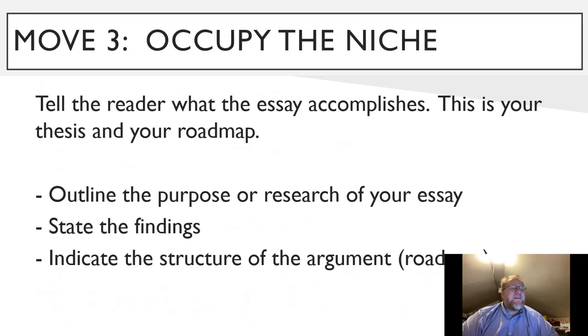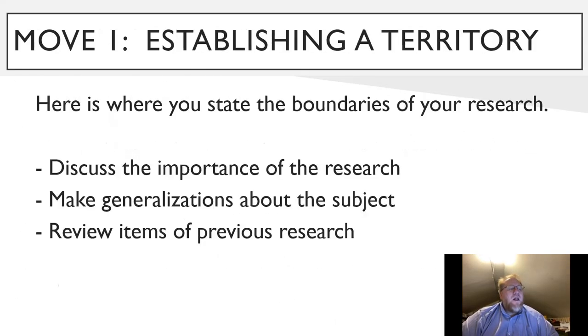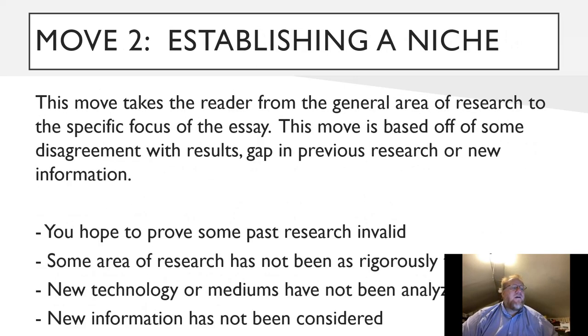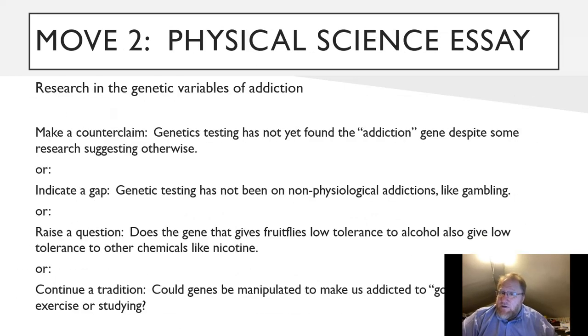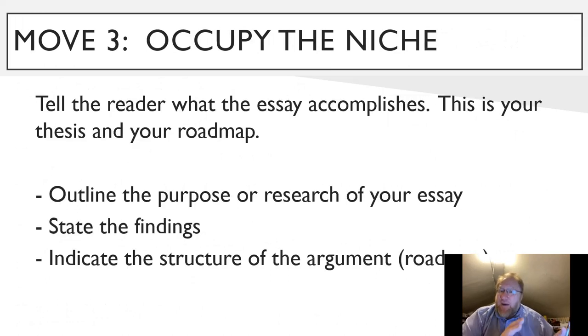And I want you to notice how these three moves, establishing a territory, establishing a niche, occupying the niche, are a way for us to figure out what we're going to write about and what our thesis is going to be. But it's also a way of explaining how we came up with that thesis and what we're going to do about it.